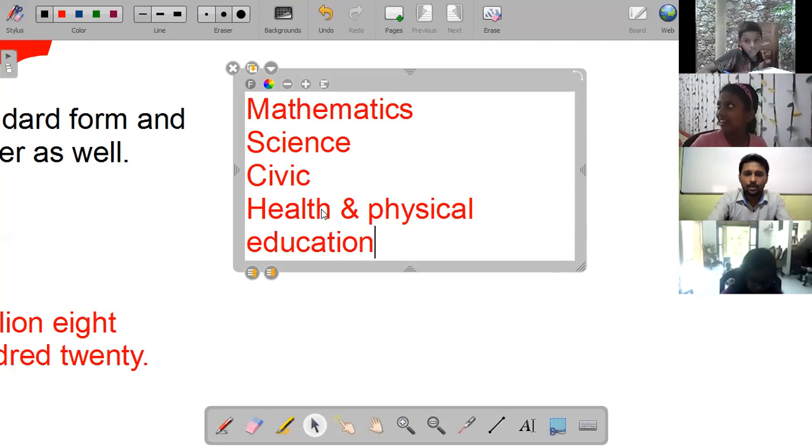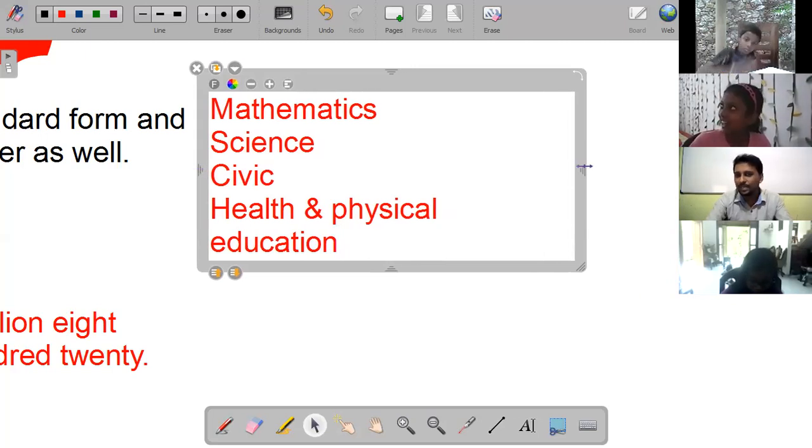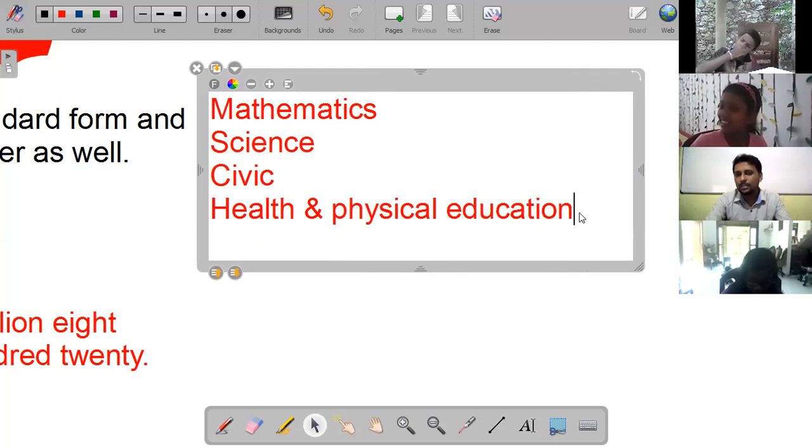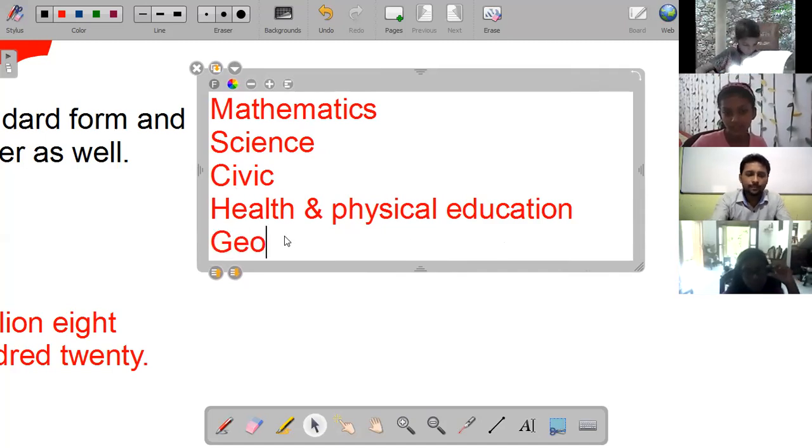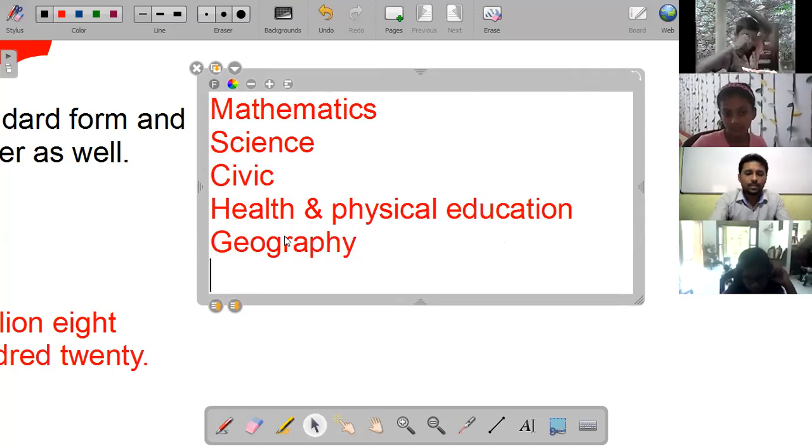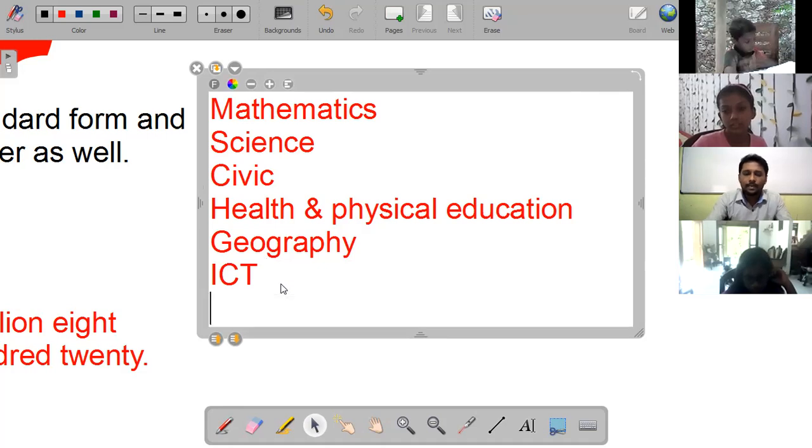If you want, you can note down. Whether or not you come to our permanent classes, if you do English medium, you should know these: mathematics, science, civic, health and physical education, geography, and ICT, information and communication technology, and also English.